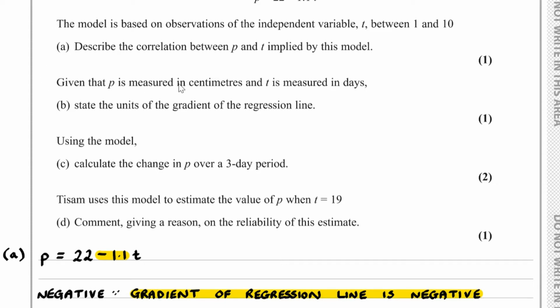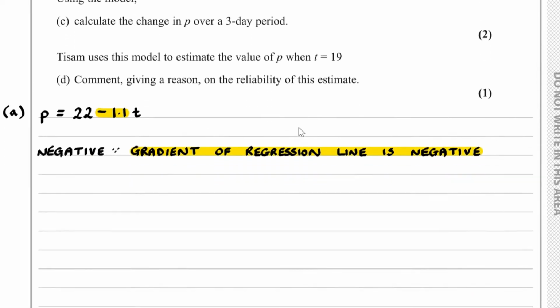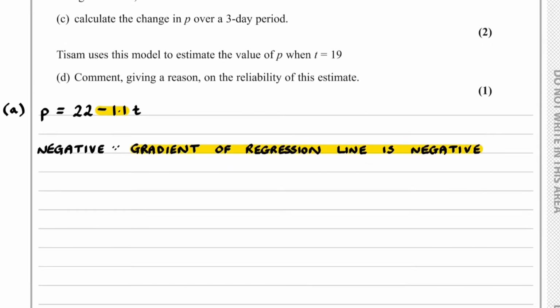Given that p is measured in centimeters and t is measured in days, for part B we have to state the units of the gradient of the regression line. Well, for part B, we know that p equals 22 subtract 1.1t. Now, we know that p has units centimeters and t has units days.